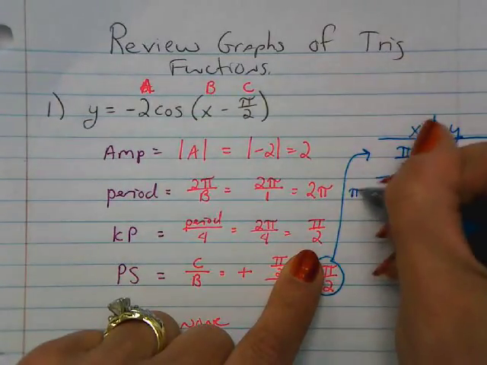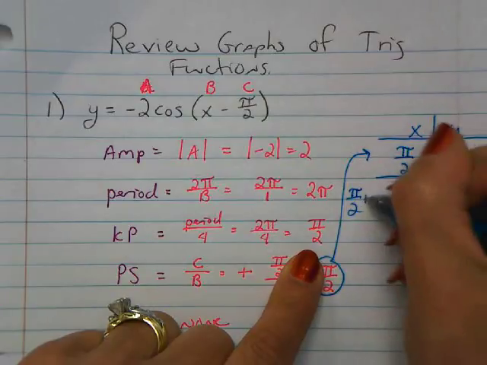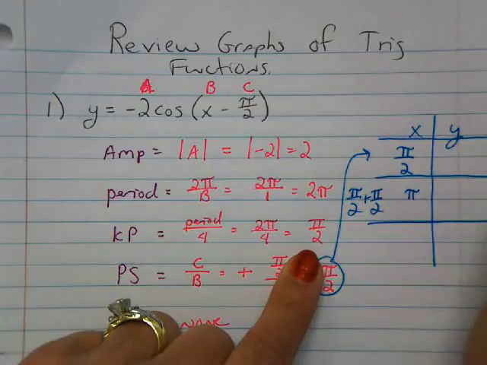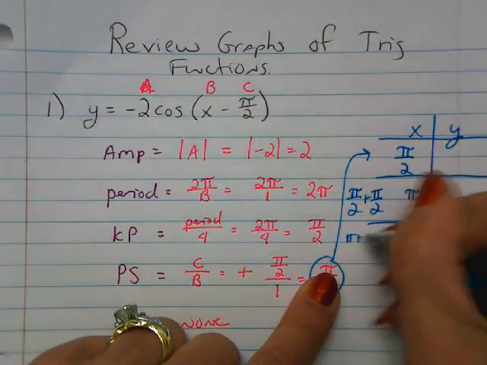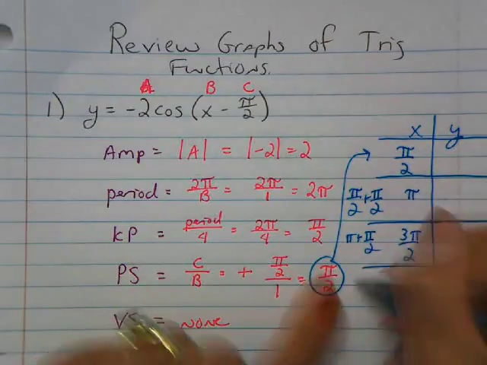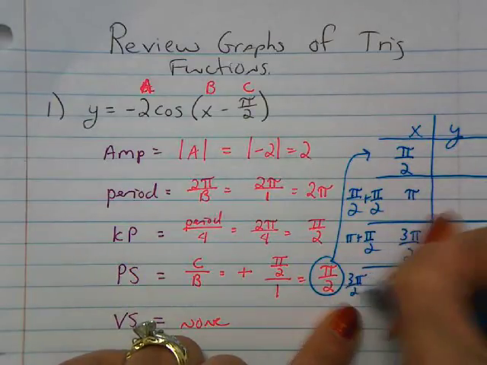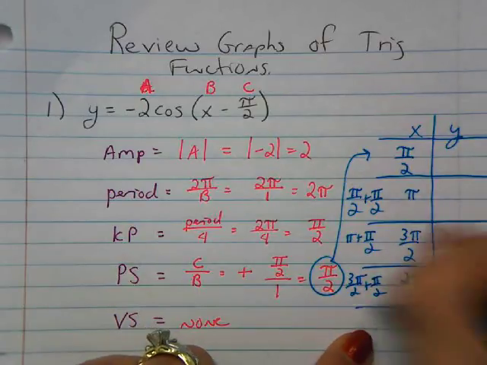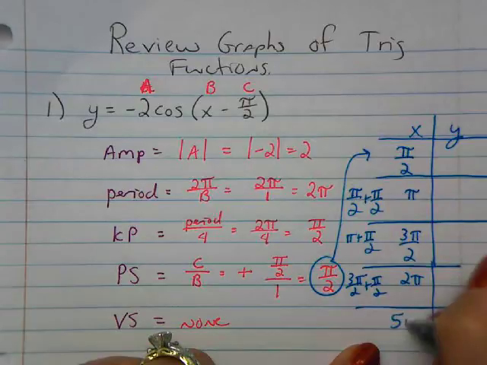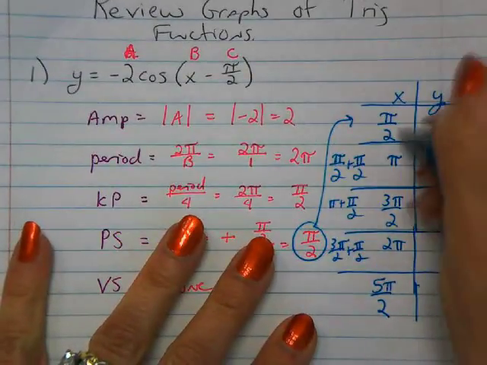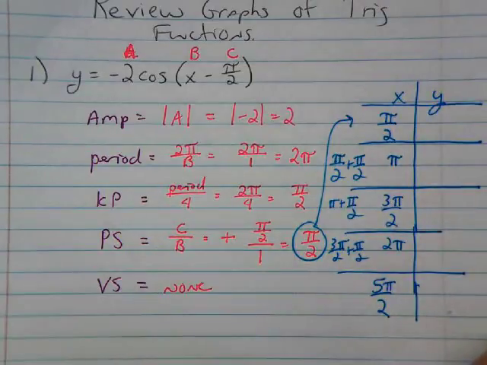So I want the first phase shift plus the key point, and I get pi. I do it again. Pi plus pi over 2, 3 pi over 2. 3 pi over 2 plus pi over 2 is 2 pi, and then finally my last one should be 5 pi over 2. Remember, if you've done it correctly, you should have 5 rows in your chart.